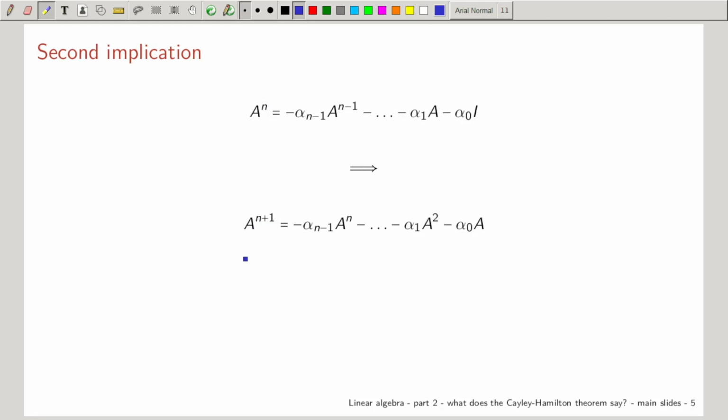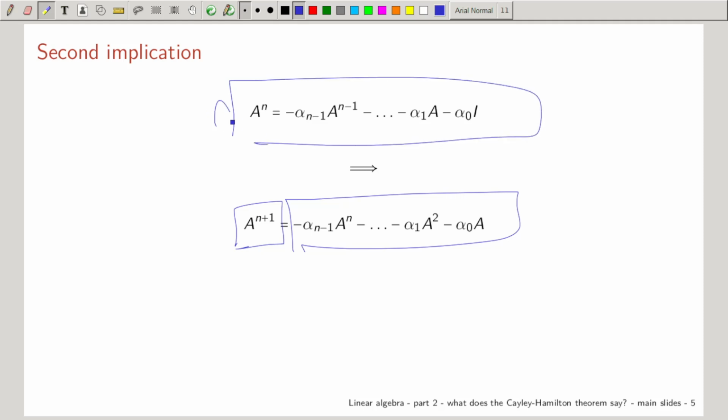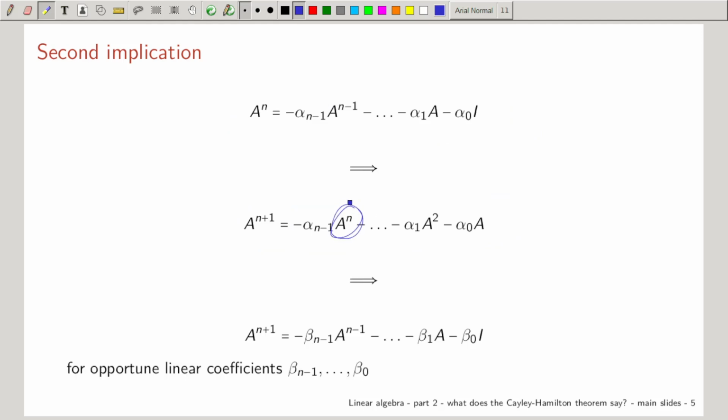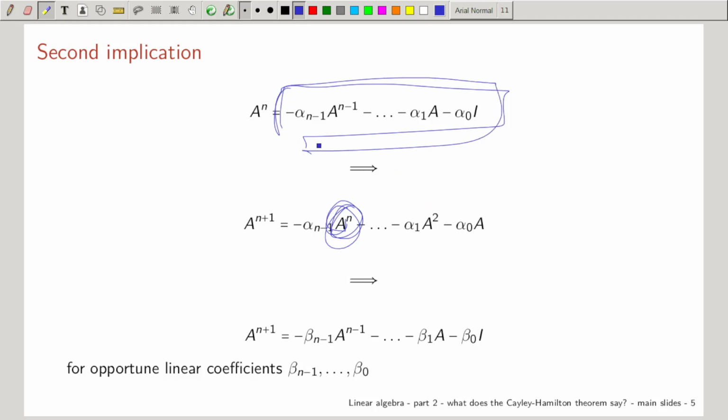Well, but then if I multiply everything by A, I get A to the n plus 1 is equal to this stuff here. True? We are together. I take this result as before, multiply times A everything. I get this stuff here. But this one is this stuff here. True? And I can take this one and substitute it with this stuff here. I expand a little bit, and what do I get?